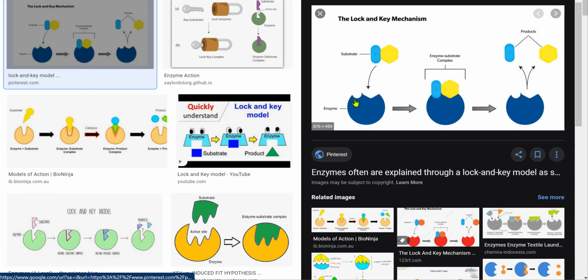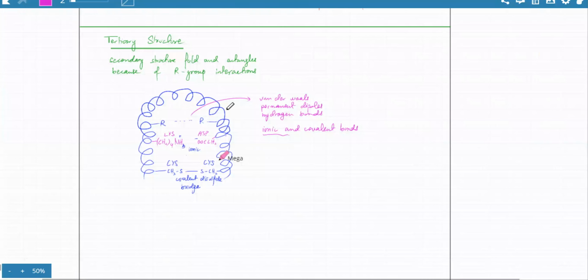There might be R groups on this side that would be interacting with this molecule, and they would act on the substrate, and a reaction would take place. So this is your lock and key model. You must know how that's going to work, and that makes proteins very, very shape specific. So we're done with proteins, primary, secondary, and tertiary structures.